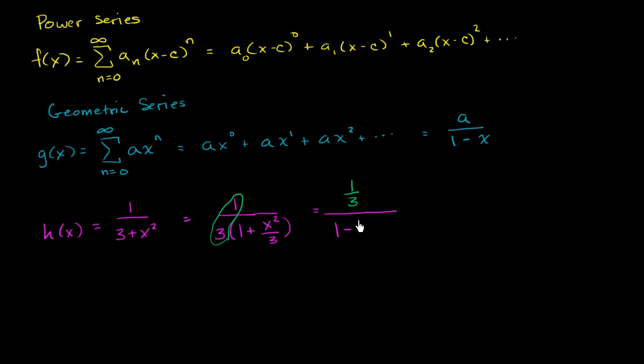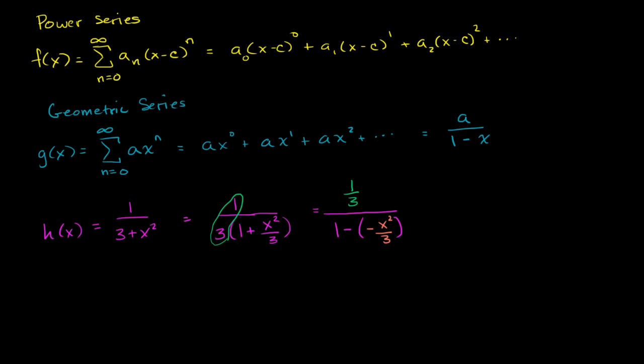So 1 minus, and I could write negative x squared over 3. Notice, adding x squared over 3 is the same thing as subtracting negative x squared over 3. So now I've written it in this form. I have my a. My a would be 1/3. And then my common ratio is going to be negative x squared over 3.